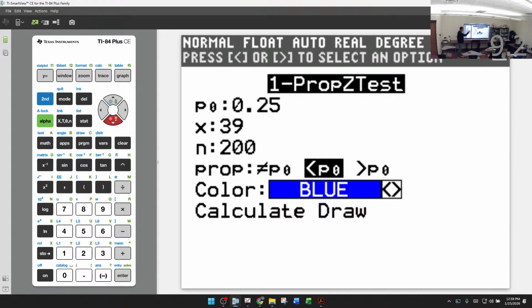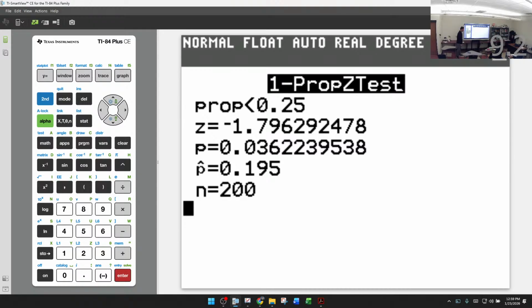And I can go down to calculate, and when I hit calculate, it gives me everything I want. Here's my Z-score. Now this is my p-value. Be careful. I wish it would say p-value. It doesn't. Desmos will. But I think you guys are okay with that saying p equals, because you know that p is actually equal to 0.25.